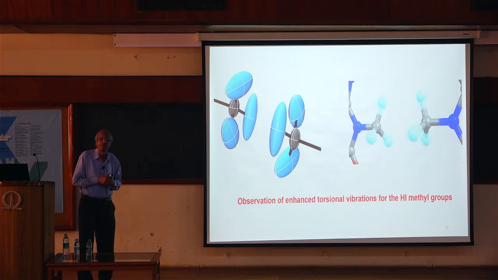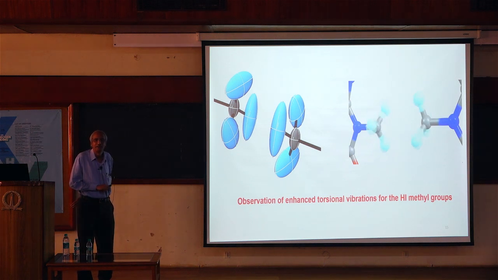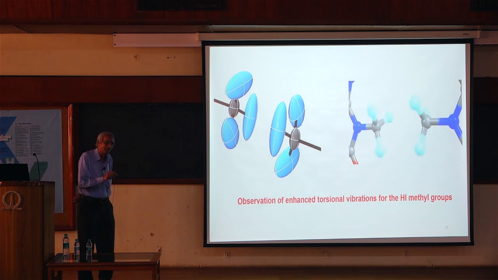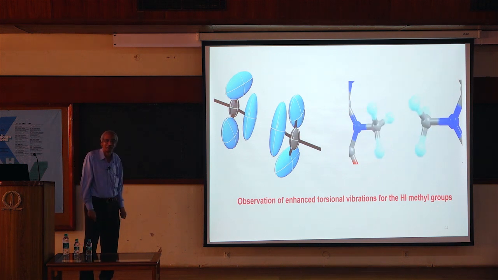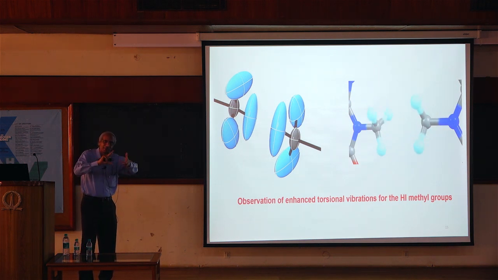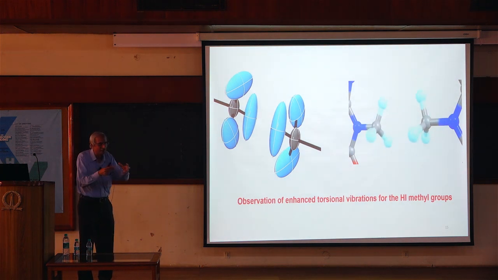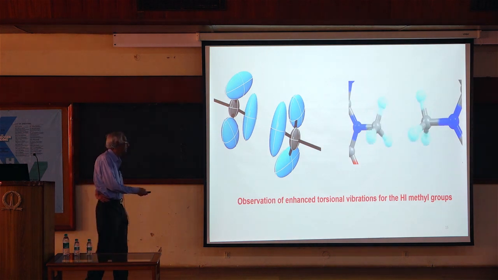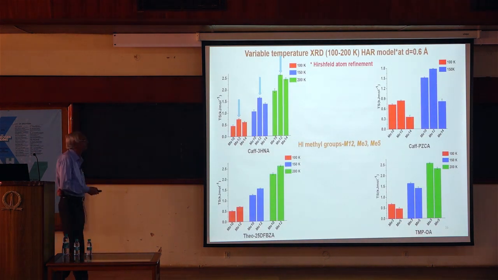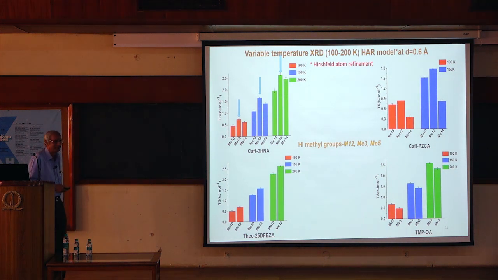This torsional energy, or the energy generated due to torsional entropy, seems to be the base cause for bringing hydrophobic interaction. So once this happens, the dispersion energy gets distributed in these regions, and as a consequence, we get a short contact between carbon and carbon.